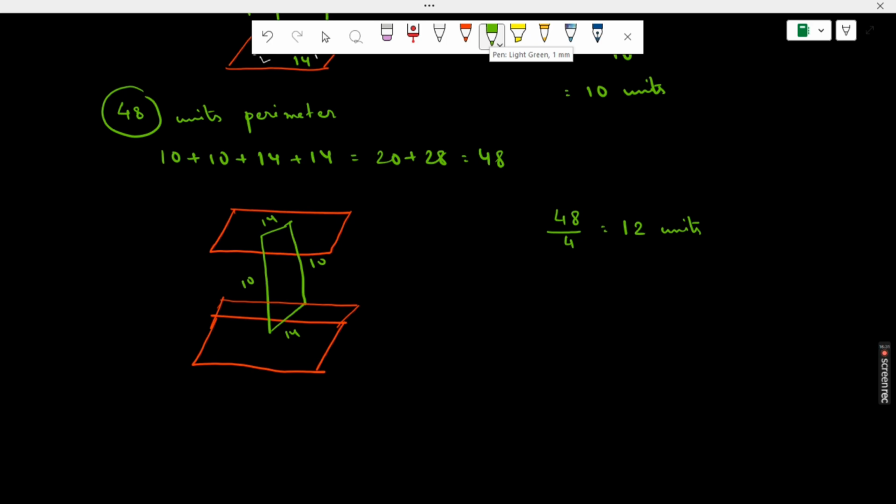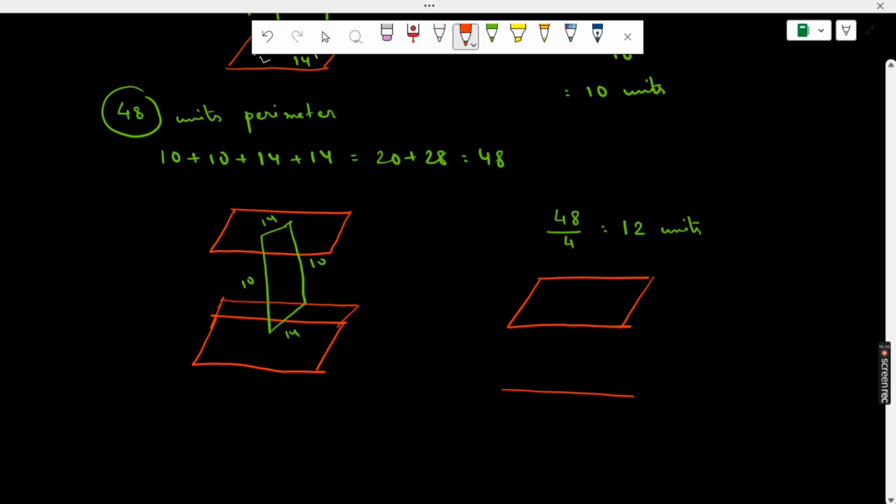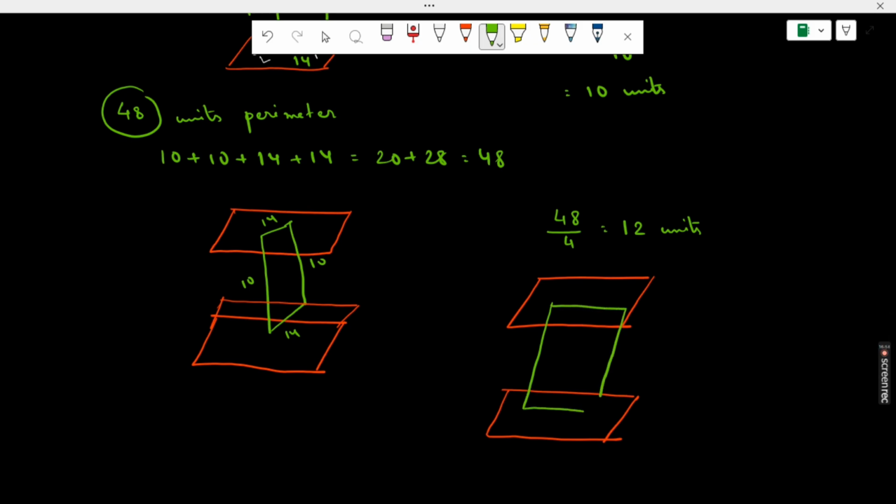But if you think that there are two parallel planes and a square lies in a bended form, in that case the side can be 12.